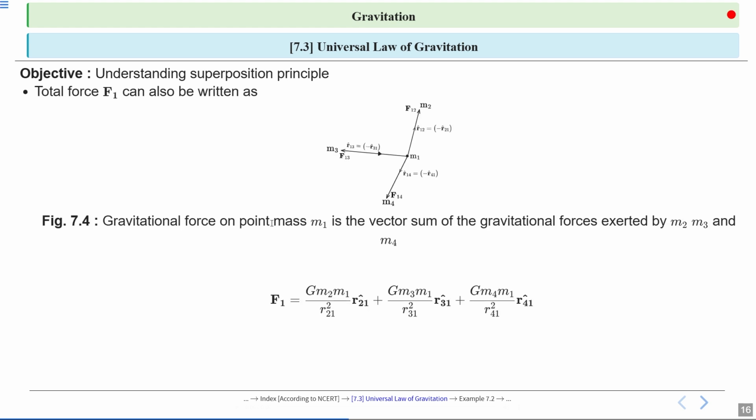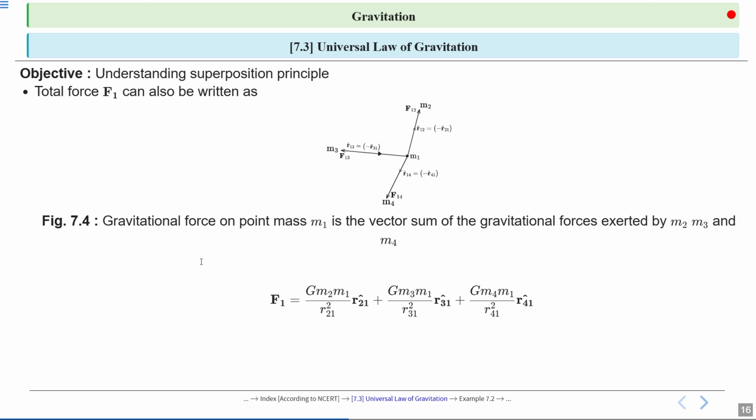The total gravitational force on a point mass, denoted as F1, is the vector sum of forces exerted by other masses. The equation shows how each force component is calculated using gravitational constant G, the masses involved and the distance between them. Notice how each term in the equation corresponds to a different mass exerting a force on m1.